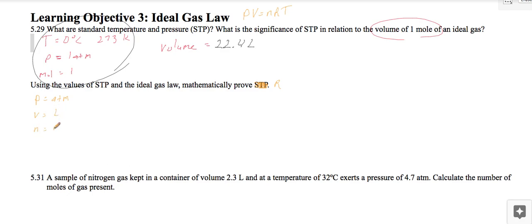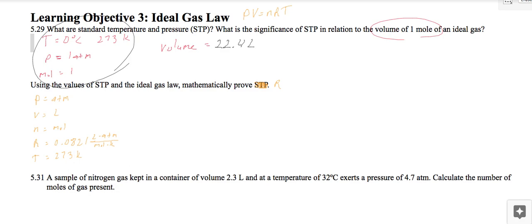N is our moles. R is our ideal gas law constant, which is 0.0821 liter atmospheres per mole Kelvin. And we're going to come back to that guy here shortly. And then we have the temperature, which is equal to 273 Kelvin.